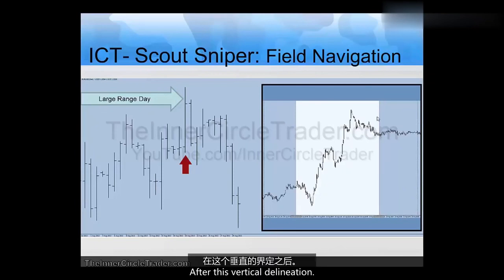After this vertical delineation here, this is 1800 GMT. I'm going to talk about these two markers in a moment because I've really never discussed this in any other video, series, or discussion, but I'm going to highlight more insight as to why 1800 is a very significant number.